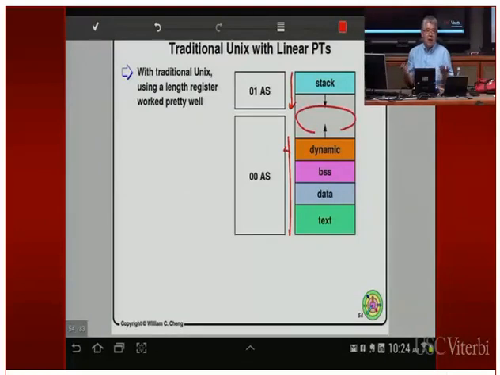So one of the reasons this is not used these days is because of memory map file. When you have memory map file, the memory that you use is no longer contiguous at the low end, because you're going to end up using memory all over the place in the middle. And also because of multi-threading, you're going to allocate stack for all your threads, and again they're going to take up space in the middle of the address space.